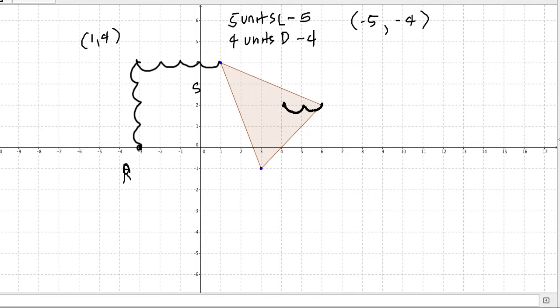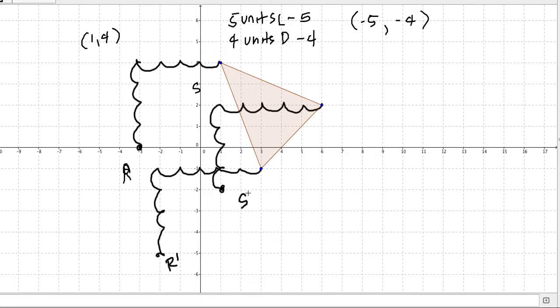So this becomes our R prime, this becomes our S prime, and this becomes our T prime.